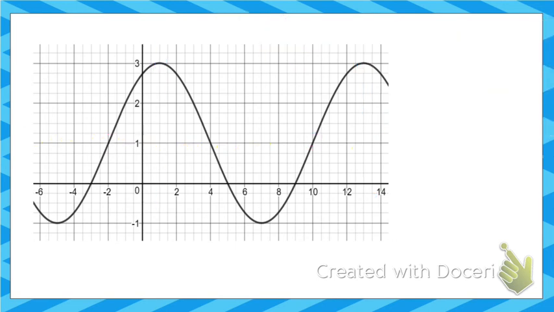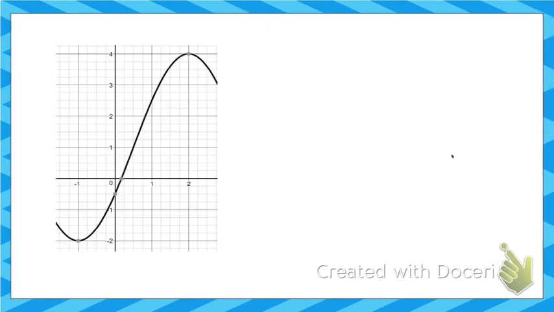All right, last one. This one's a little tricky because we don't see the whole graph, but we see enough to be able to get this figured out. So again, let's start with our vertical shift, our middle point here. That middle is at 1. So my d value is 1. A, the amplitude. Okay, that height is 3.